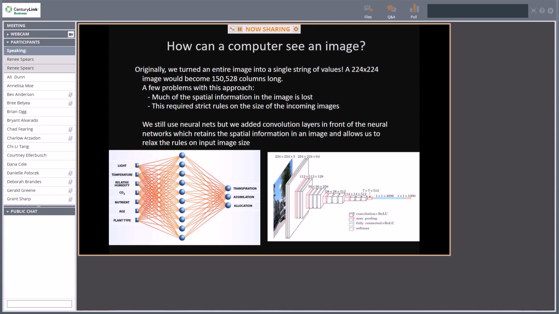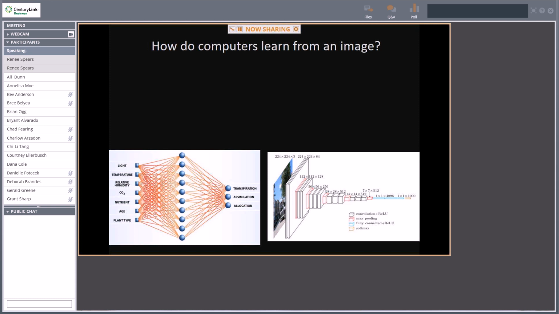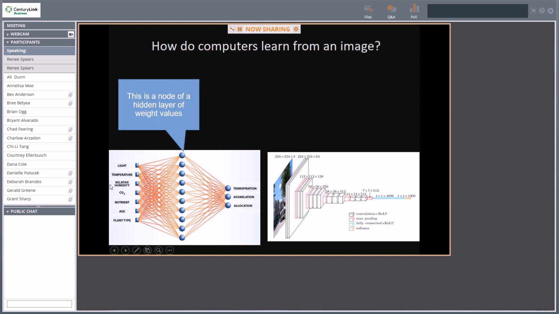But how do we make it learn what an image is? So if we look at this neural network on the left, we've got 7 inputs right here. Let's think of this as a 7-pixel image. And on the right, we've got three classifications.